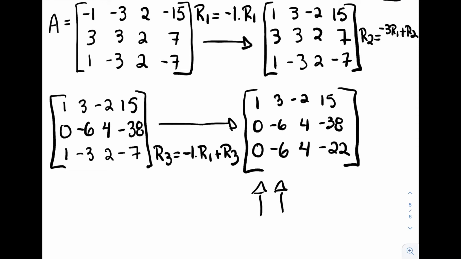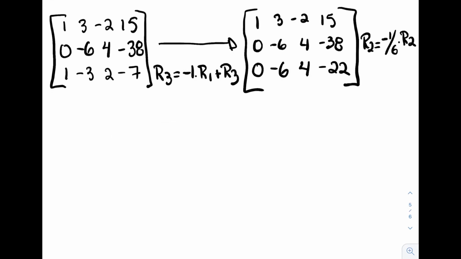We want that negative 6 to be a positive 1. So we're going to go ahead and apply the row operation row 2 equals negative 1 over 6 times row 2. Once again, since we're only changing the second row, you can go ahead and recopy the first and third row of your matrix as is.